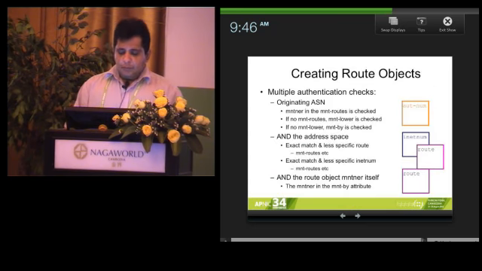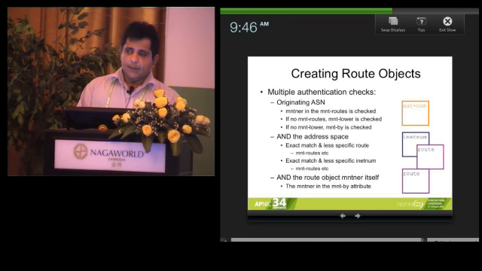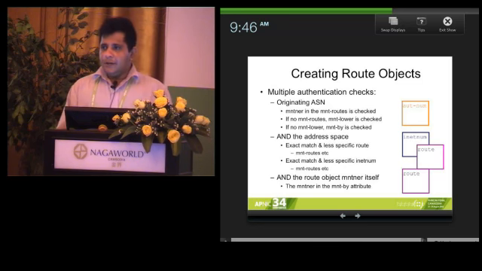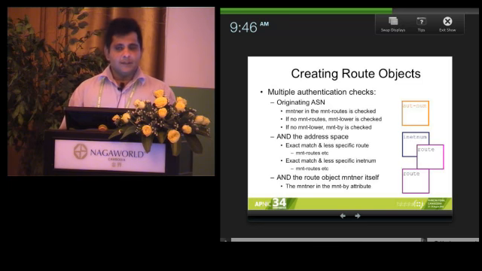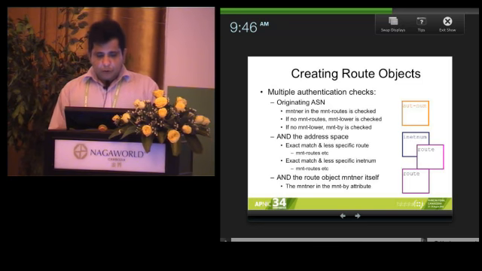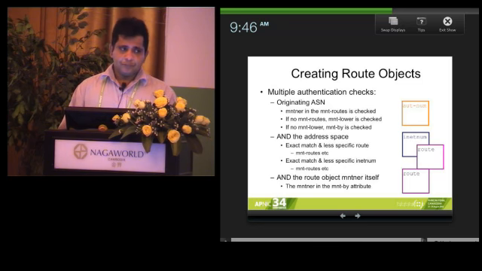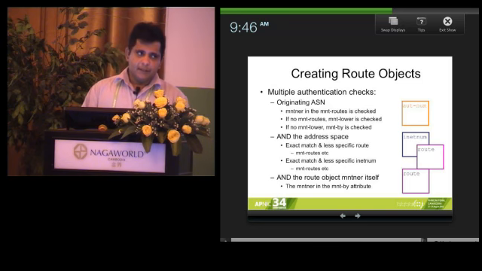So let's now see the route object creation process. Just to summarize the things so far, we have these route objects. Route objects contain the routing information, basically the prefixes that you are originating from a certain autonomous system, right? Now, you need to go through multiple authentication checks, because there are multiple things for us to authenticate here.